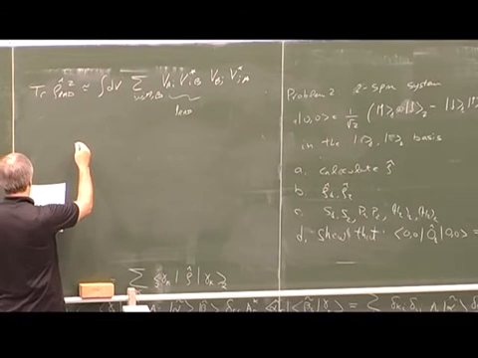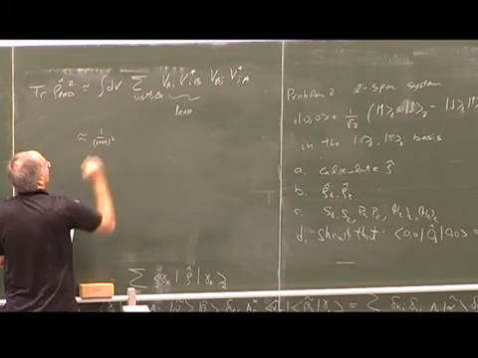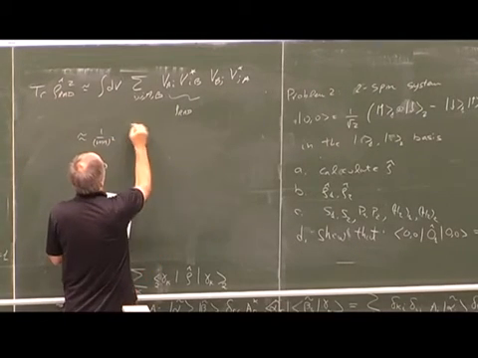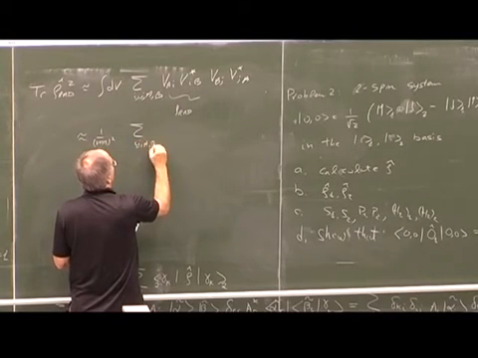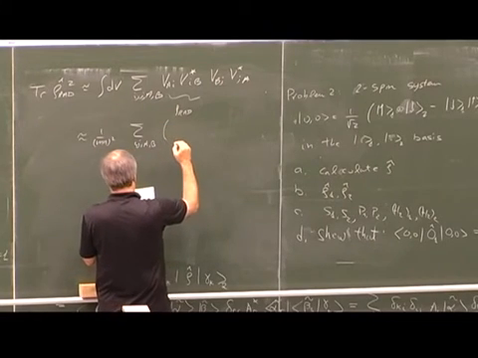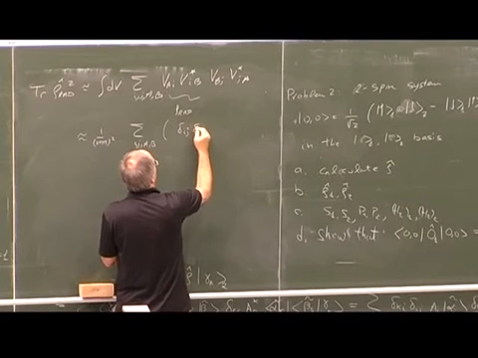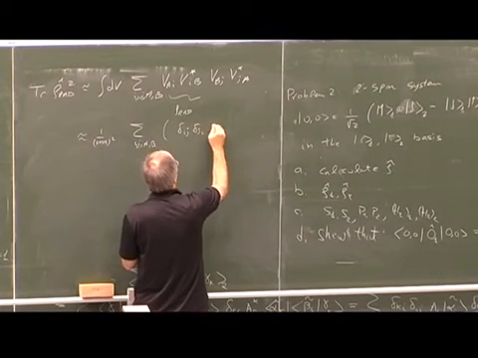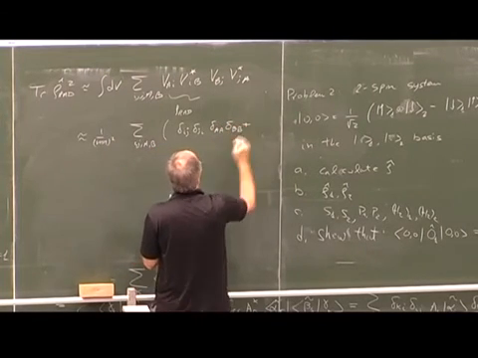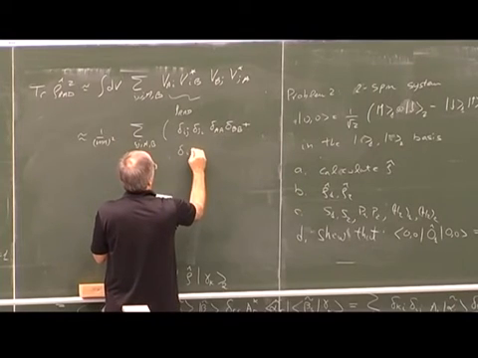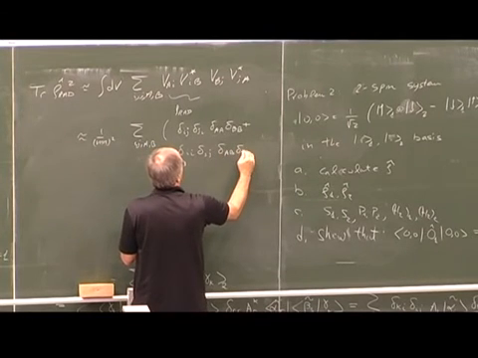Let me do it like so. So 1 over (MN) squared, and now I have the sum over IJAB, and I have delta_IJ delta_JI delta_AA delta_BB, plus delta_II delta_JJ delta_AB delta_BA.